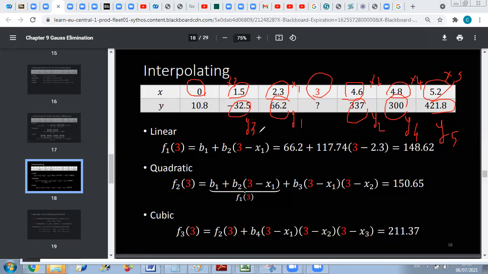So I just replace x by 3. I get then, according to the linear interpolation, the value 148.62. I can do the quadratic interpolation, I can do the cubic interpolation.